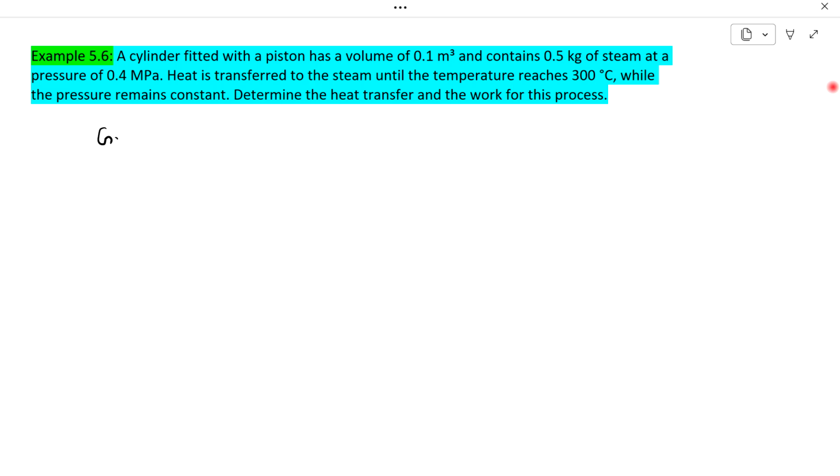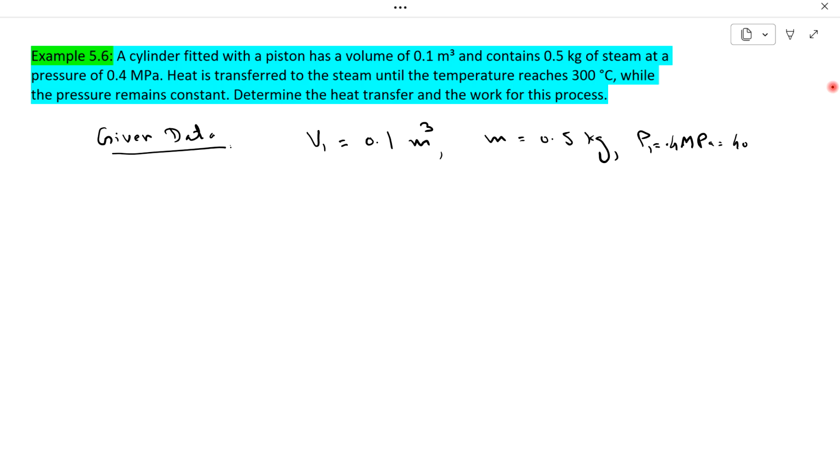In the given data, the total volume V1 is equal to 0.1 meter cube and it contains 0.5 kilogram of steam, at a pressure of 0.4 megapascal, which is equal to 400 kilopascal.